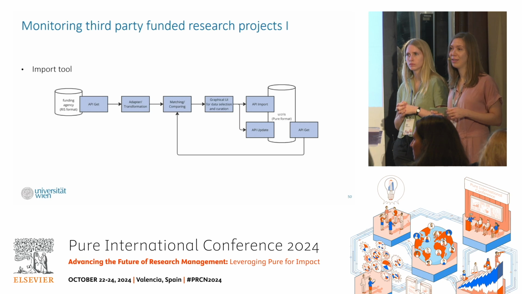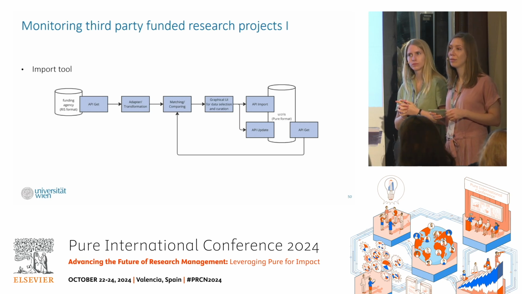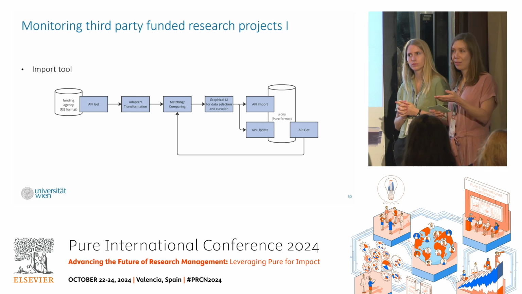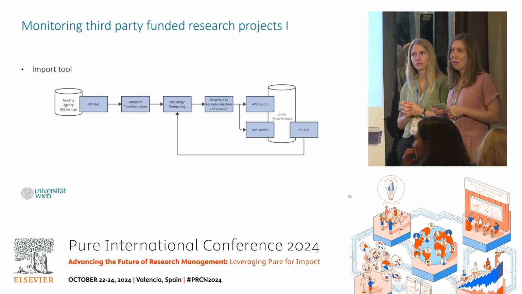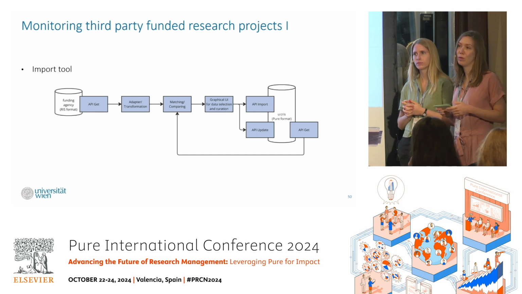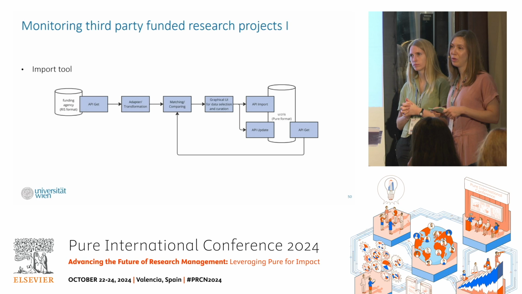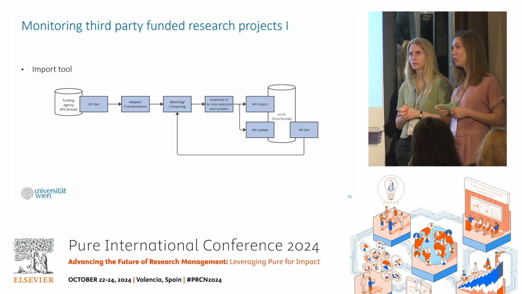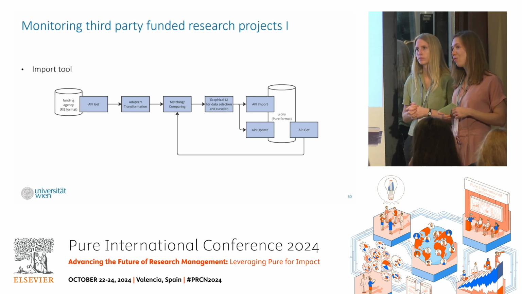And who is the user then in your case? Because I just wonder, you could also put a developer there that corrects the matching. So which users do you aim for? Just the CRIS managers or research support staff, so that we choose which is the right data.